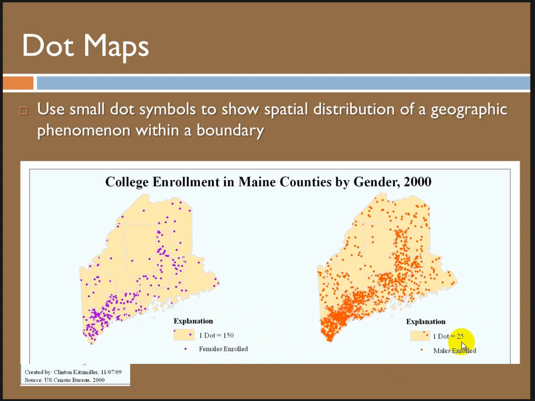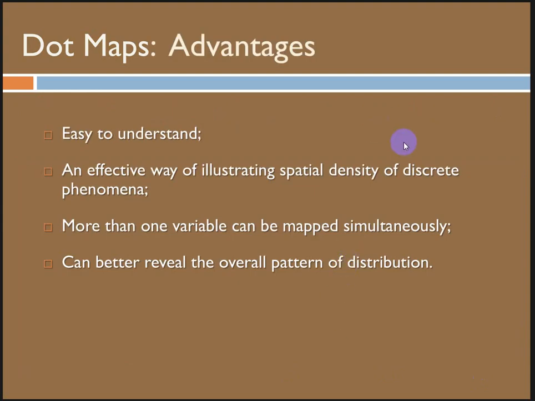I can understand why you wouldn't want one dot to equal 150 males, because most of these would just be colored in solid blocks. If one dot equaled 25 female, I'm not sure. I'm sure that they messed around with it and did this on purpose. But I think you'd want to really highlight this and make sure that it's very clear to your viewer. But anyway, random placement within each enumeration unit.